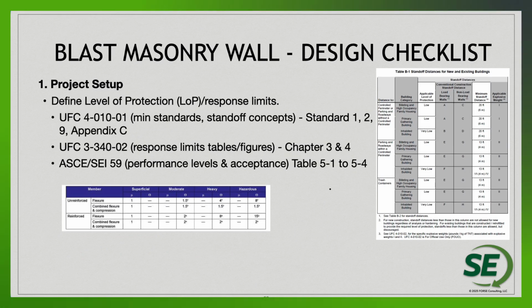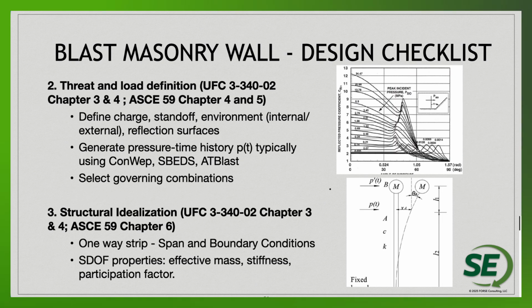So with that, let's go through a full blast wall design checklist. If we were to design a masonry wall for blast, what would be the typical steps to follow? Start by defining level of protection and acceptable damages as step one. We use the UFC frameworks to establish minimum standards and set response limits, including ASCE 59 standards.